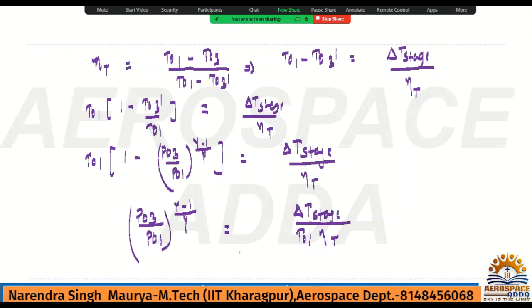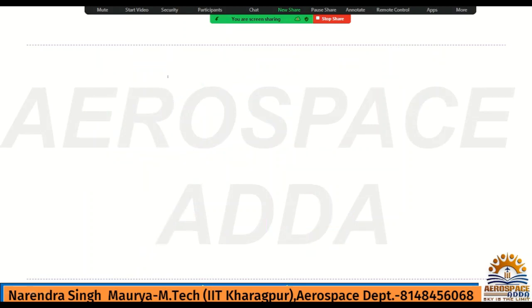And if you take P naught 3 this side, then this quantity will be 1 minus. So ultimately this is the value. If you want to calculate P naught 3 by P naught 1, this is RE, the expansion pressure ratio.